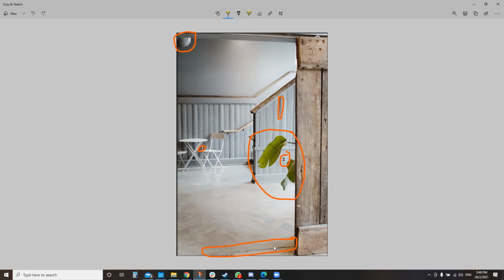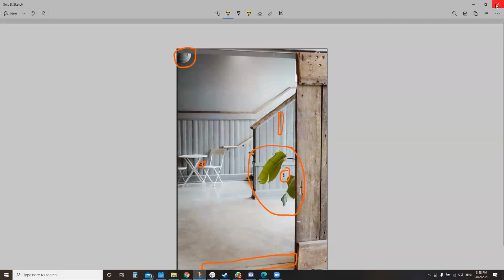So when you're doing the task and you're going to mark something as a distractor, you will need to think, am I removing this item? Will it change the concept of the picture? Actually, there's something here also that needs to be removed, I just realized. Look at this light here.